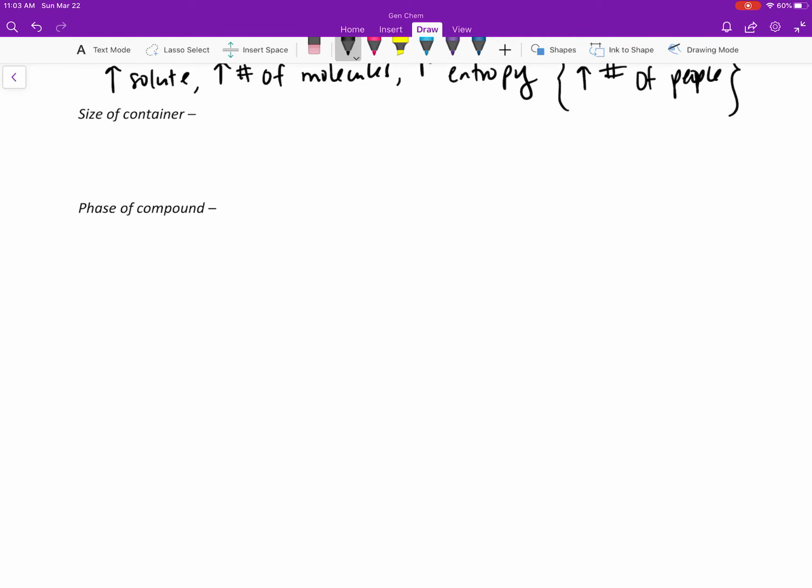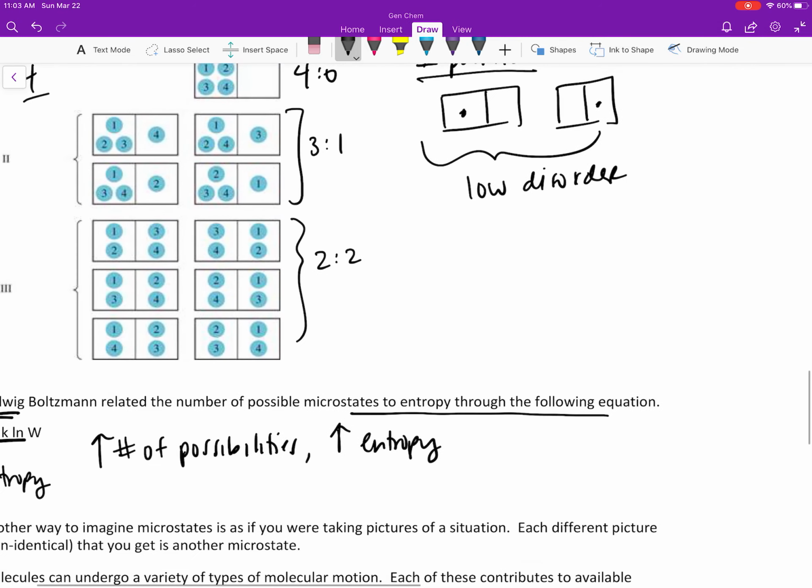All right, size of the container. As we increase the container, we are allowing for more molecular movement, okay? So let's go back to up here. Let's say that instead of 2 boxes, I'm going to give these 4 molecules 3 boxes.